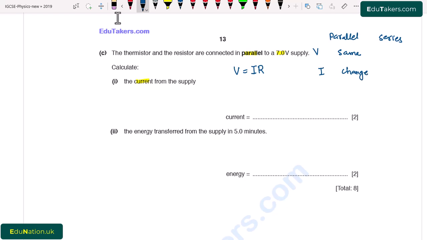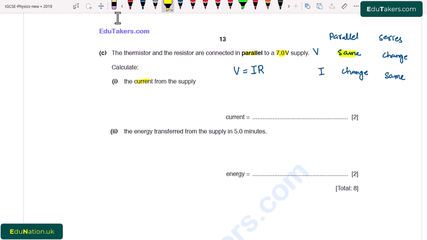In series combination, the value of potential difference changes while the current remains same. So here thermistor and resistor are connected in parallel. It means that the potential difference across both of these components remains same. So 7 volt potential difference is across thermistor and also across resistor.